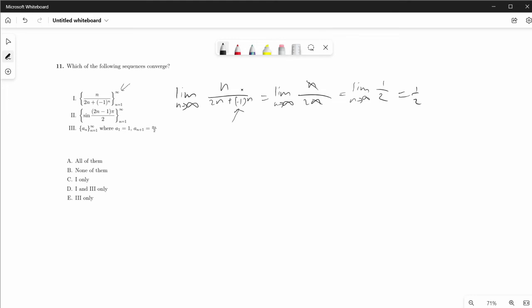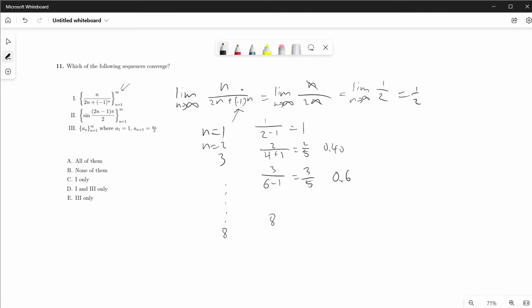Another way you can do this is just writing it out, right? You can start from n equal 1, n equal 2, 3. For n equal 1, we have 1 over 2 minus 1, which is 1. For 2, 2 over 4 plus 1 is 2/5, which is 40%, 0.4. For 3, we have 3 over 6 minus 1, 3/5, 0.6. And then go down to a good amount, maybe like 8.